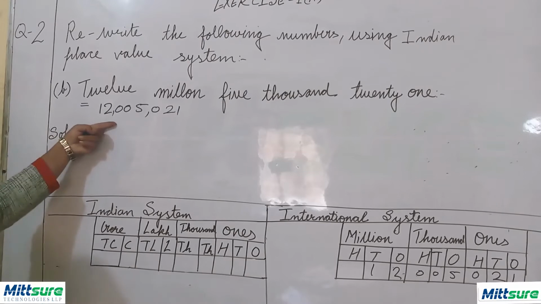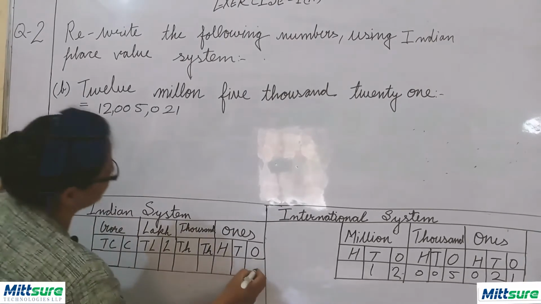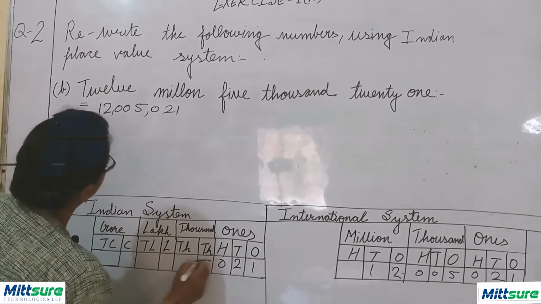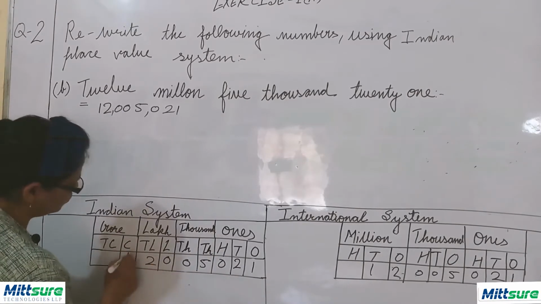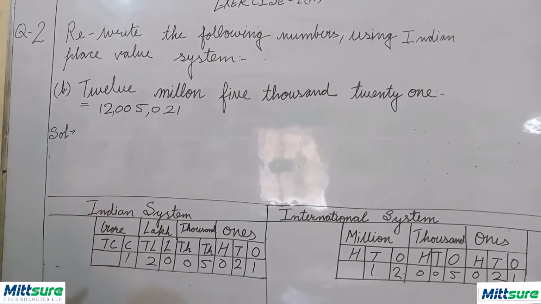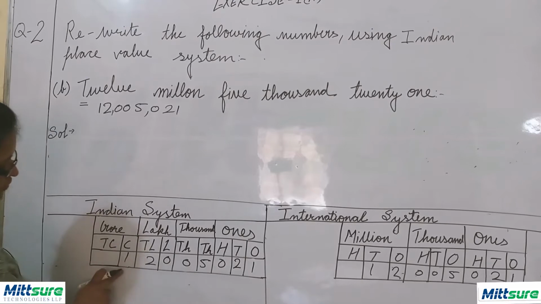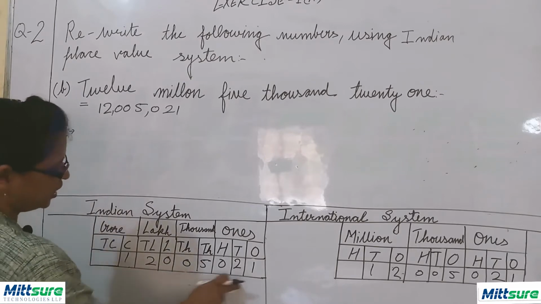Now this number I will write in the Indian system. That will be 12050021. Now we can observe this will be 1 crore 20 lakh 5,021.